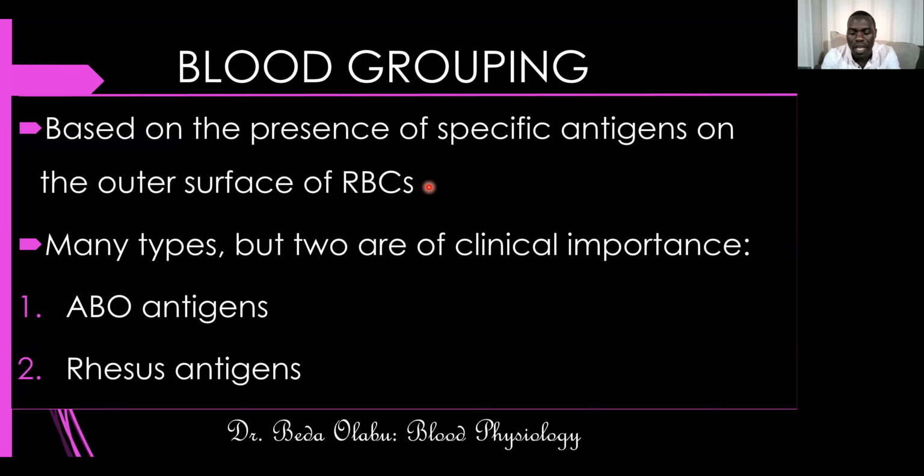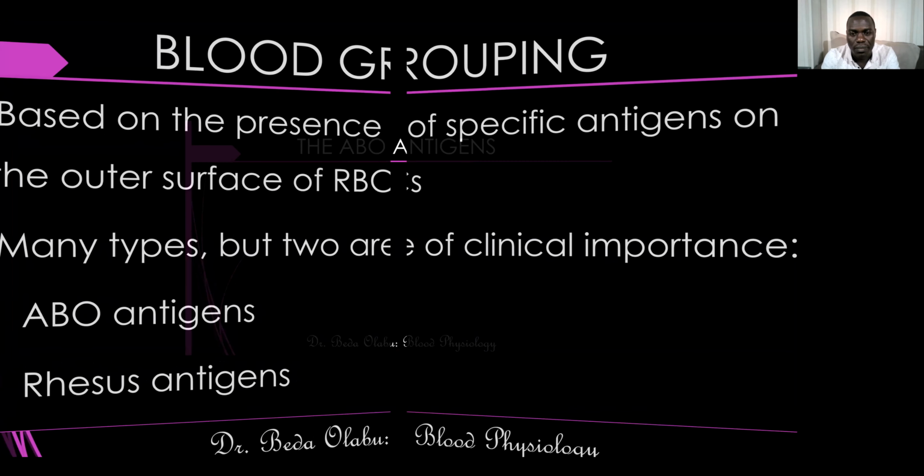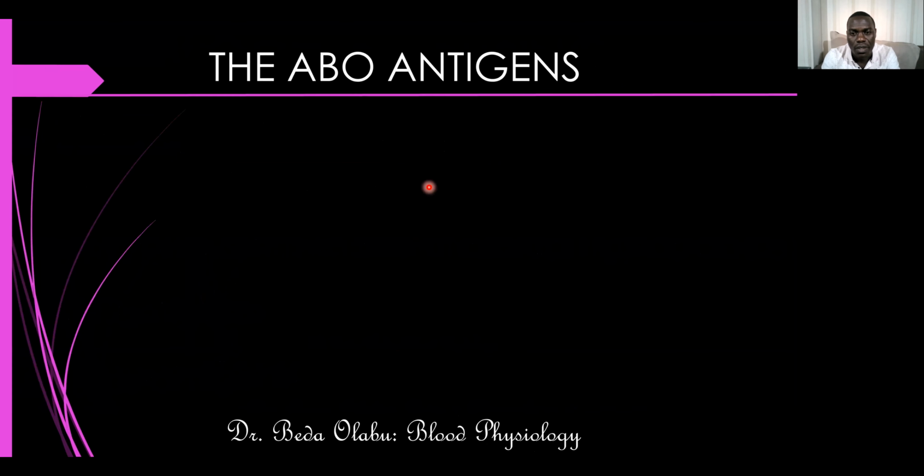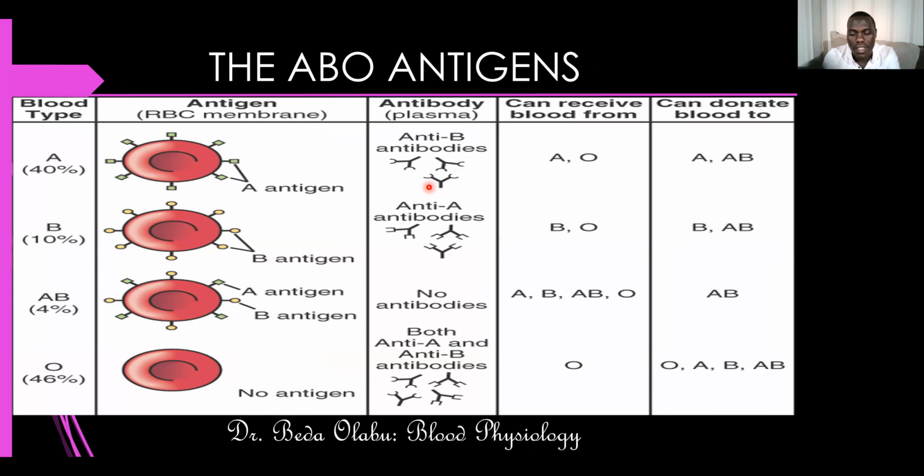Let's start with the ABO antigens. The ABO antigens are actually two antigens only.